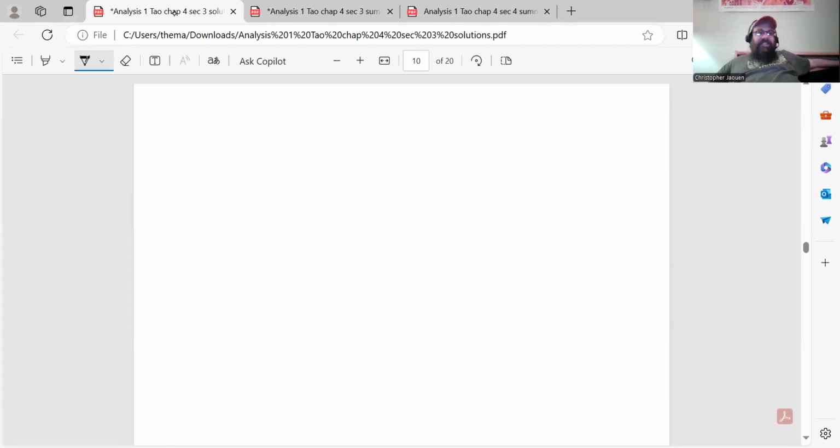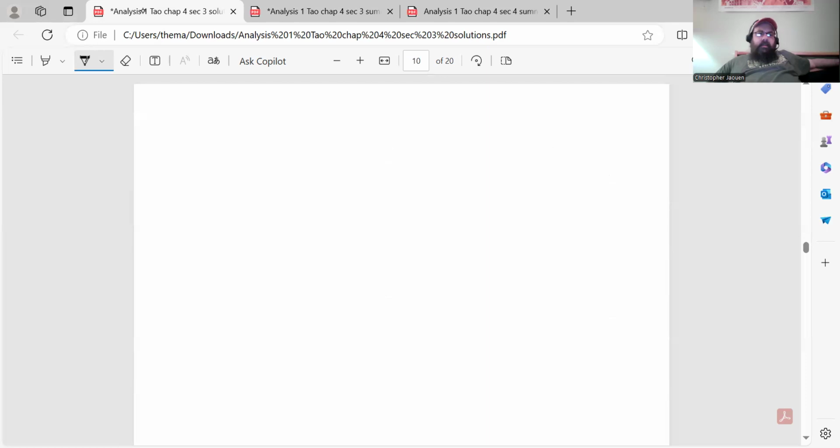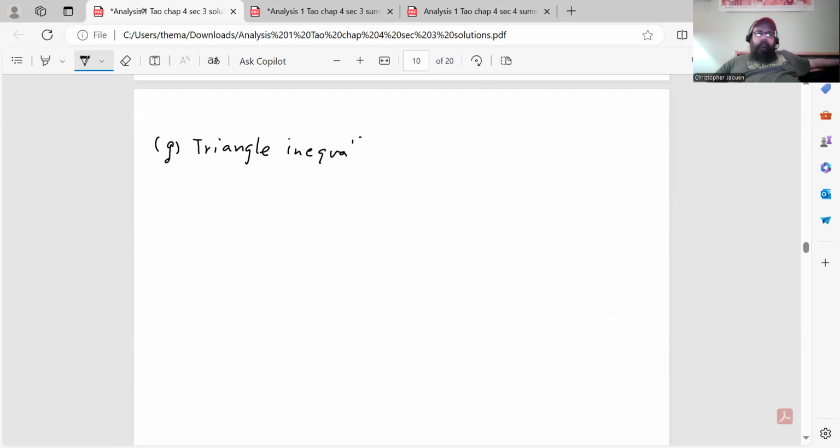It's a long exercise set, I guess. Let's try, what letter was that? Letter G. So this is the triangle inequality for distance.